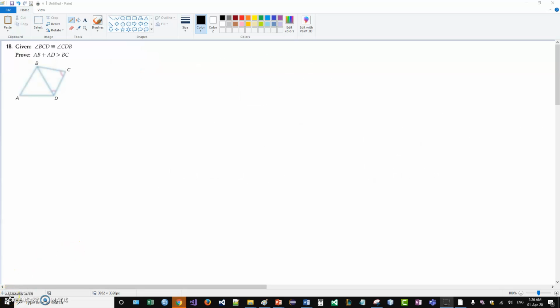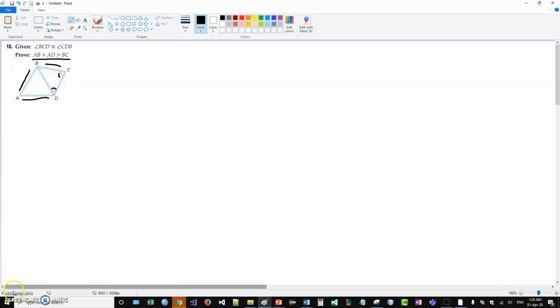Let's look at another exercise. Given that angle BCD, which is this one, is congruent to angle CDB, which is this one, we want to prove that AB plus AD is greater than BC.